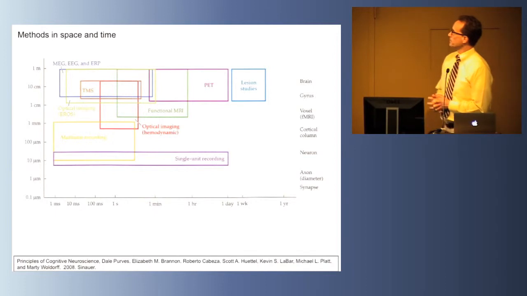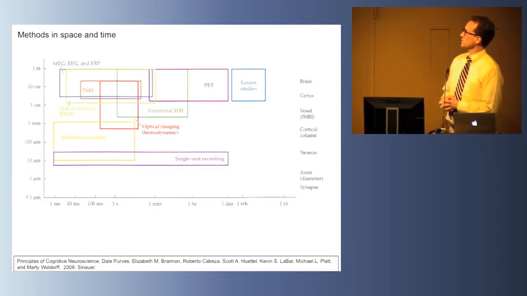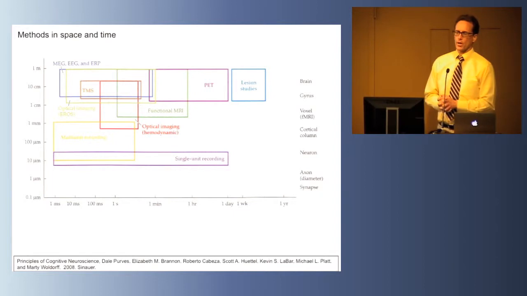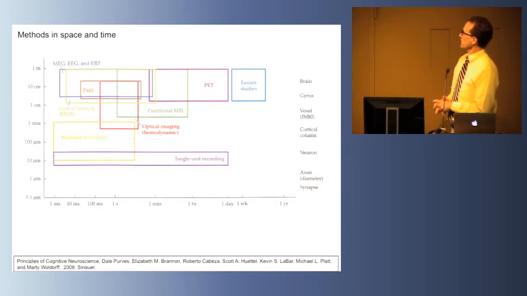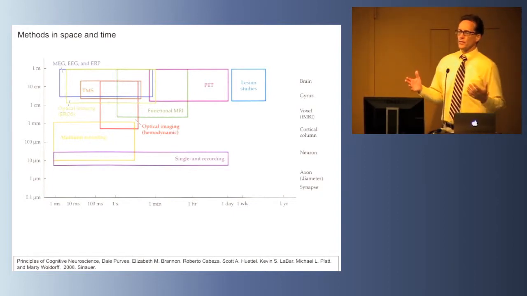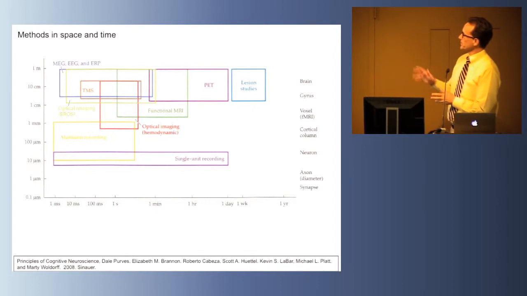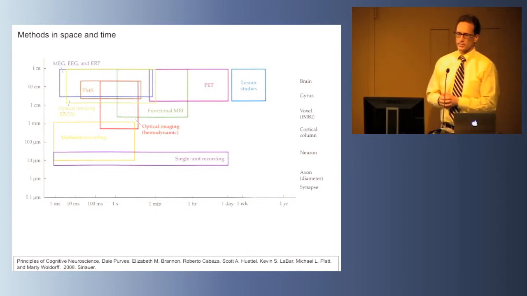Now then, moving to the left, at that large spatial scale of brains or gyrus, we have a method called PET, positron emission tomography. So this allows you to see the structure and the function at the level of a gyrus or larger, but its time is only on the order of minutes or longer.